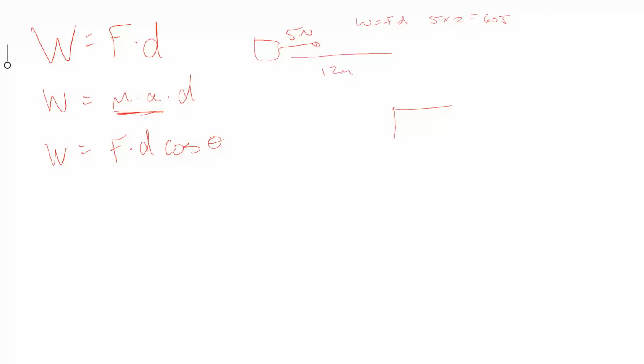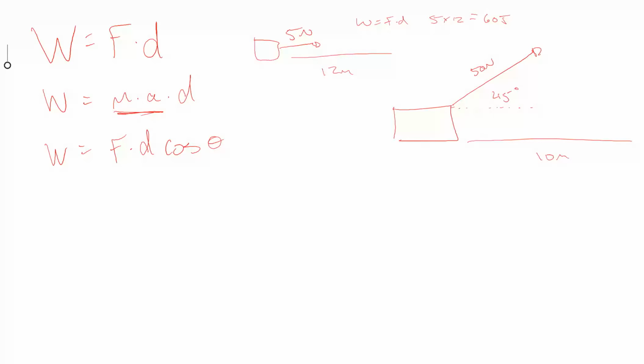Let's say that I have a larger force of 50 newtons, but it's pulling at an angle of 45 degrees above the horizon. And we're going to pull this block a total of 10 meters.